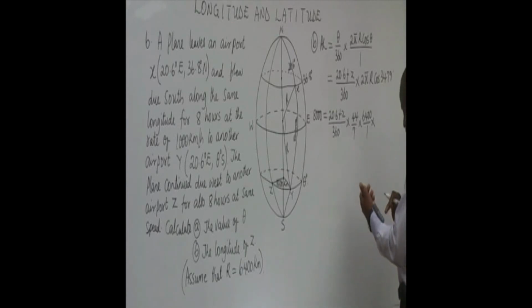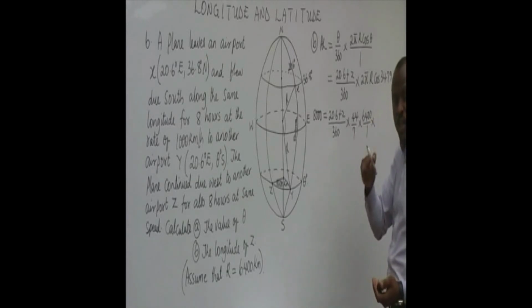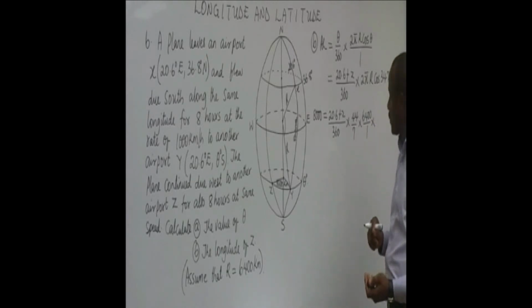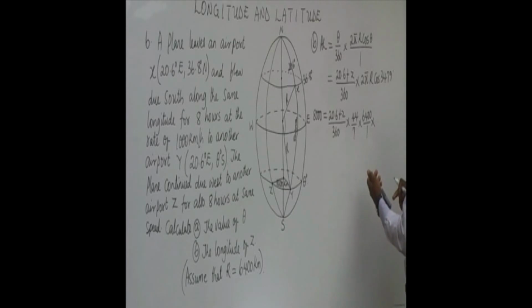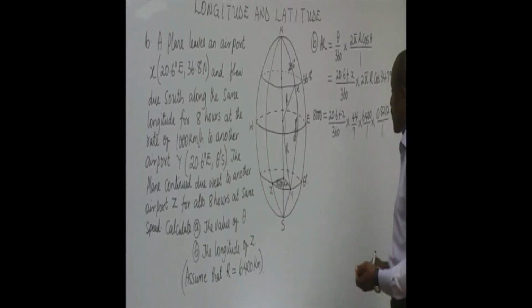This is the value we got as the answer to question number A. So its cosine is 0.8212 all over 1. If we solve this arithmetic, we'll be able to find the value of Z, which question number B is asking for.